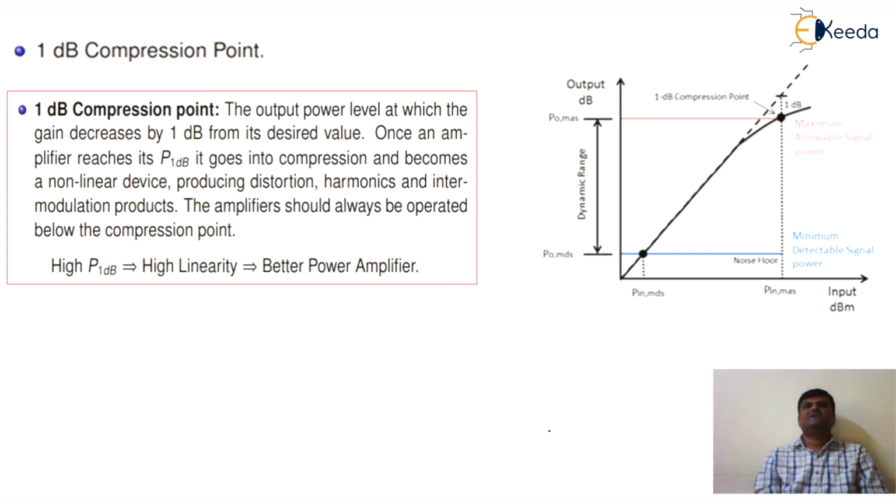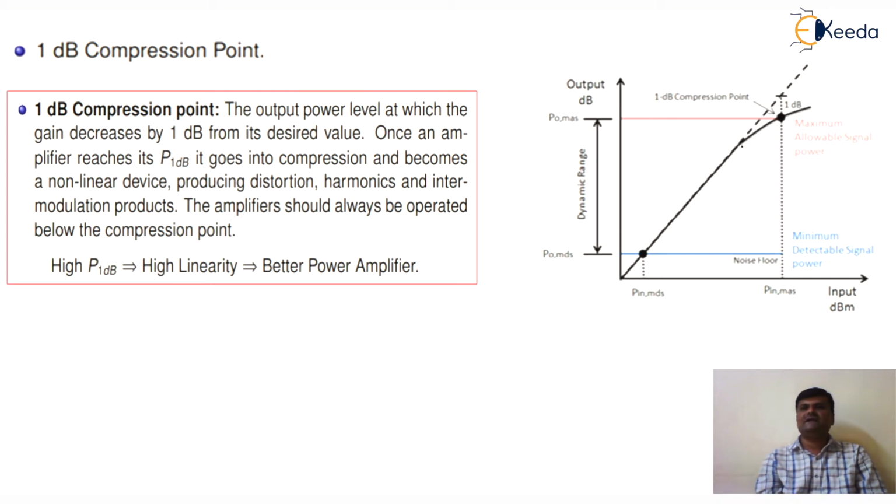Next is an important point, the 1 dB compression point. The figure shows the graph of output power versus input power, with two graphs. The dotted line shows a linear graph and the dark line shows a non-linear graph.